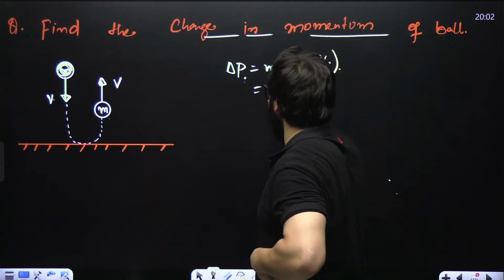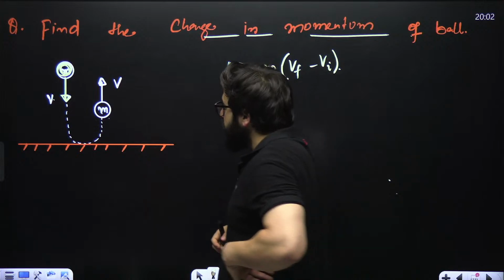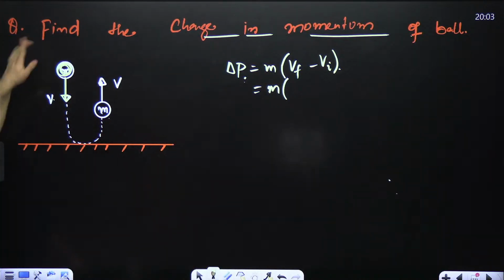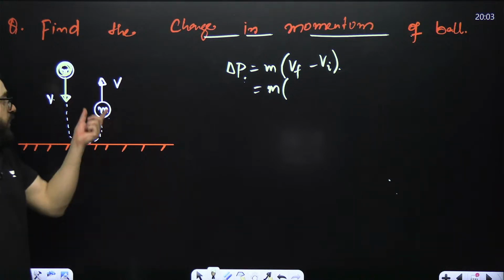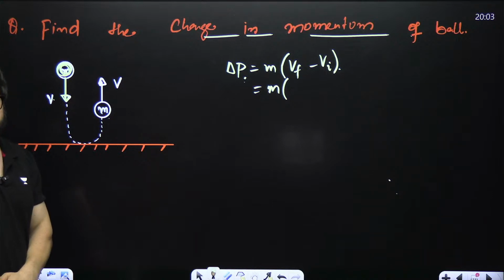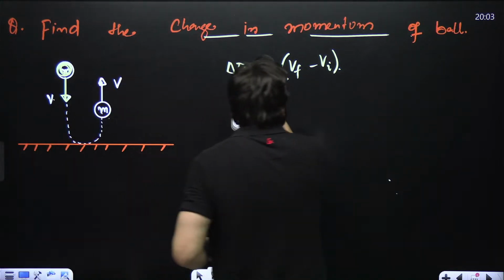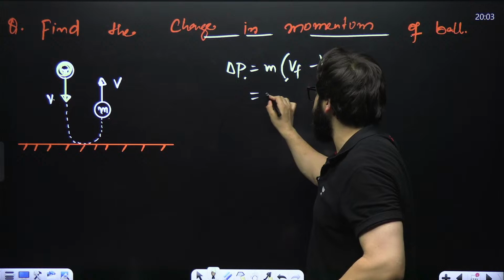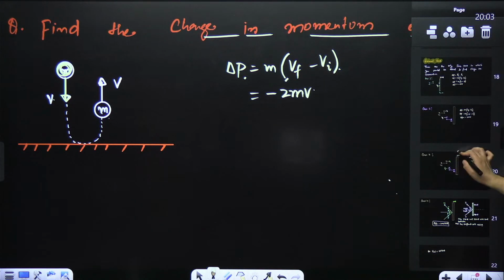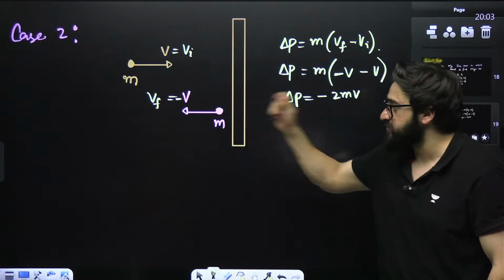So what is mass? Mass is m. Guys, what is the final velocity? This is the final velocity over here. See, in this case also, if you take this velocity as positive, you have to take this velocity as negative. So here you can simply say it is 2mv, minus 2mv, exactly like the case something like this.